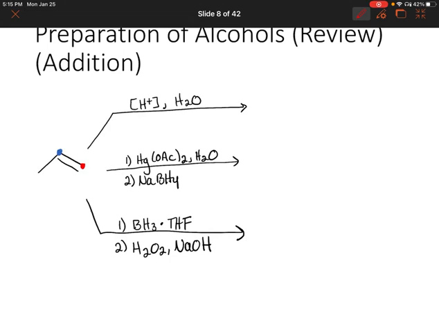So if we perform the top reaction there, the acid catalyzed hydration, would the alcohol group add to the more substituted carbon or the less substituted carbon? The more substituted carbon.